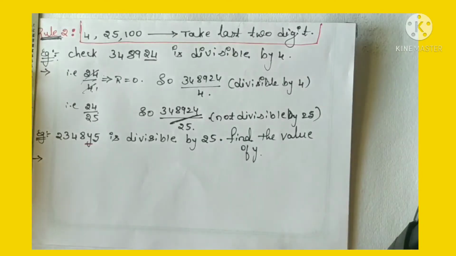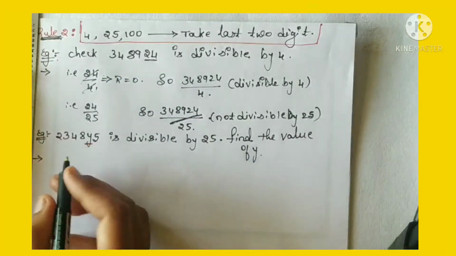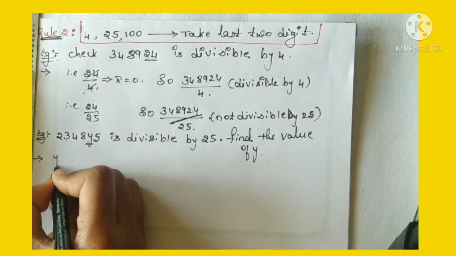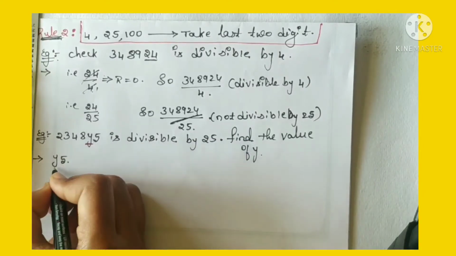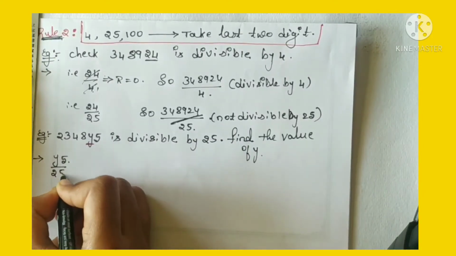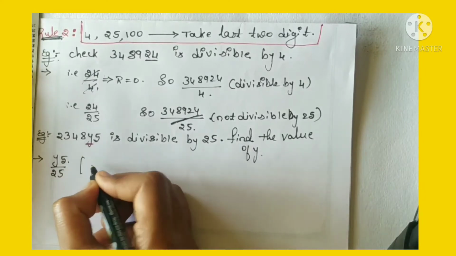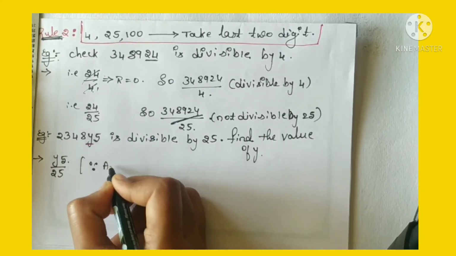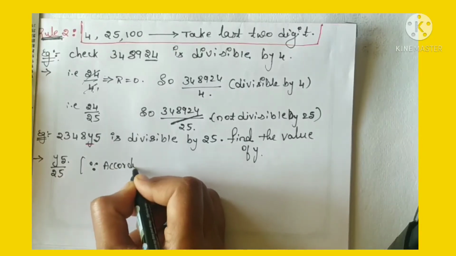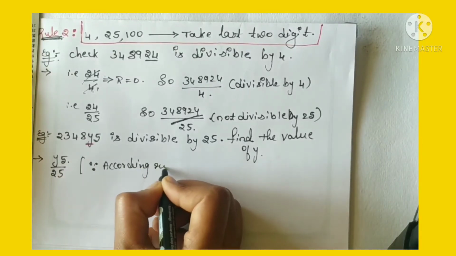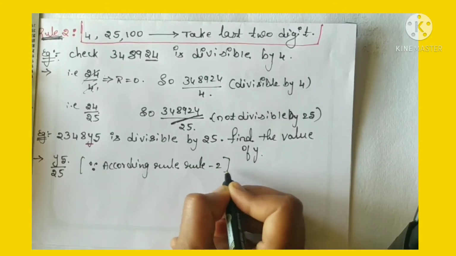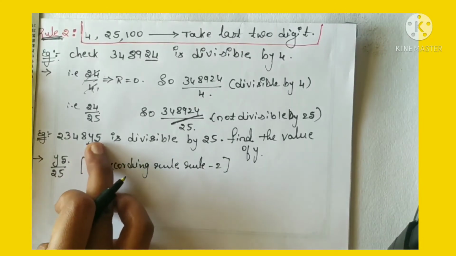This is according to rule 2 only. So the last 2 digits, y and 5, are divisible by 25 according to rule 2. Okay, I just consider the last 2 digits.